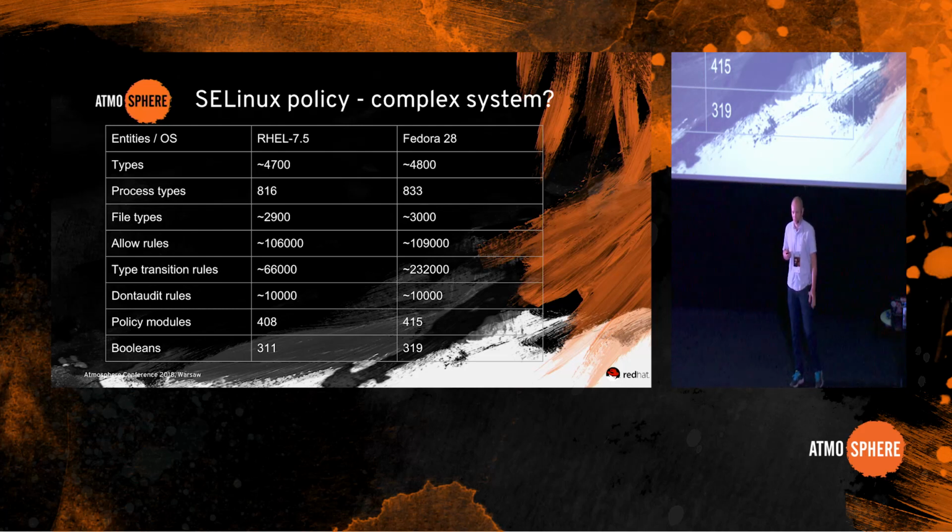If you compare the two columns, RHEL 7.5 and Fedora 28, you will see that they are quite similar, except for the type transition rules. That's maybe a bug. I was also surprised by the number, but I will talk about this with the developers next week. So this is premature information.